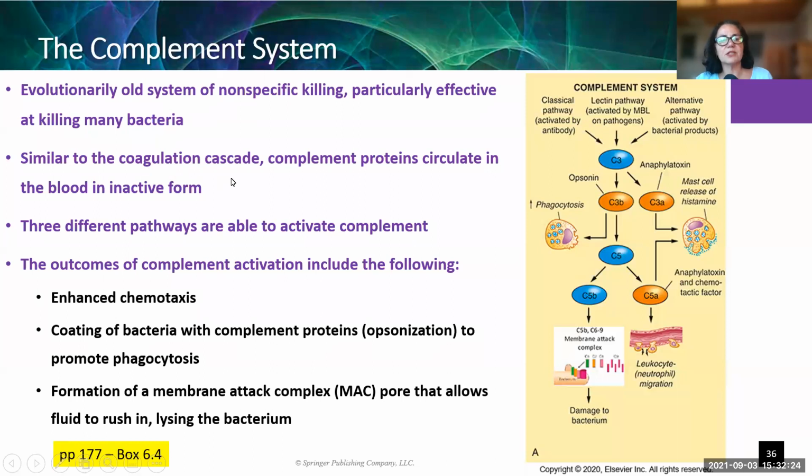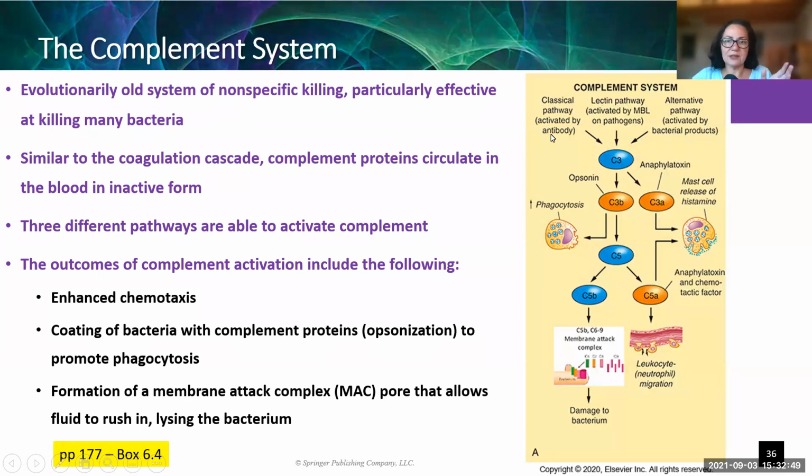It's similar to the coagulation cascade that you've probably learned in some detail, in the sense that the proteins are already present in the circulatory system, but in an inactive form, and they can get activated in one of three ways that we're not going to go into.